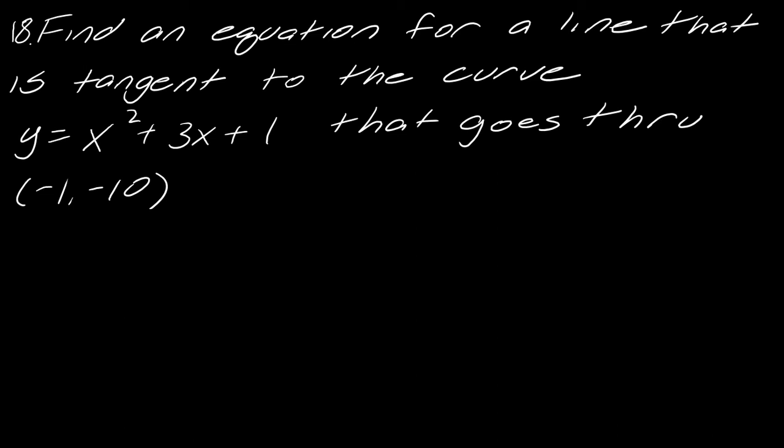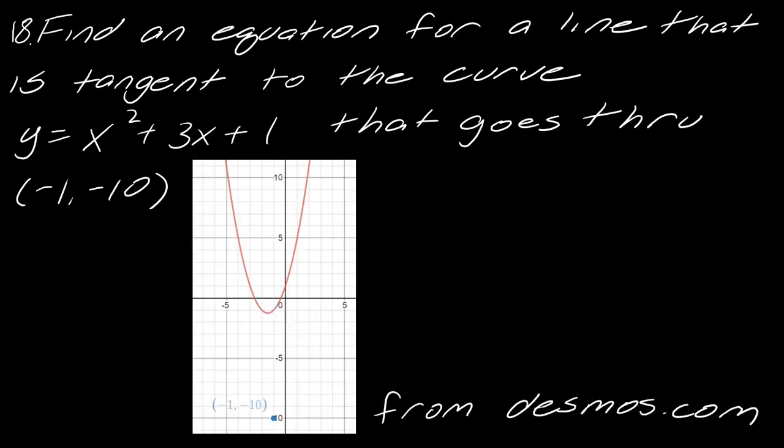Now, what I want to talk about is what this situation is. In this red graph, this is my x squared plus 3x plus 1. Here's that, and then this negative 1, negative 10, I've marked down on this graph. This point is not even on this graph, right?